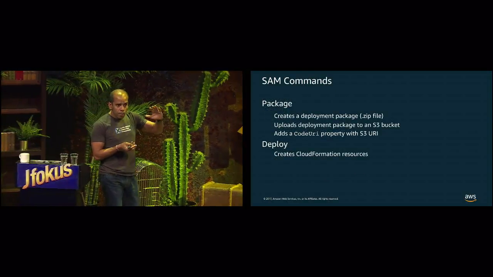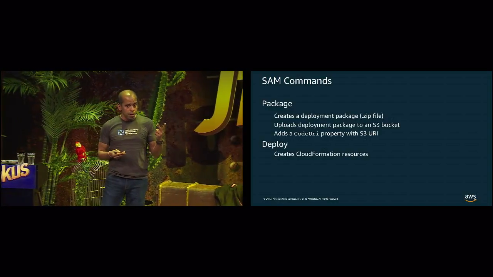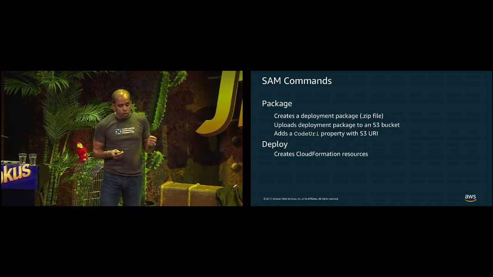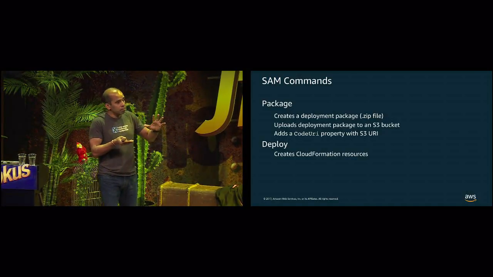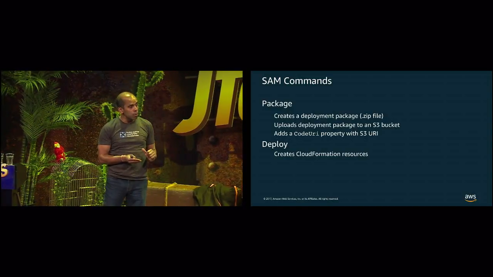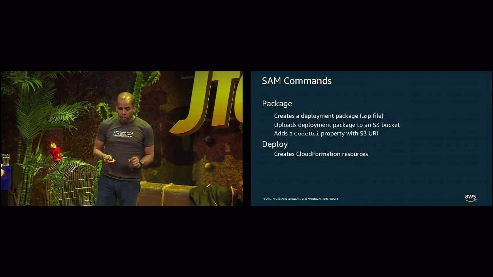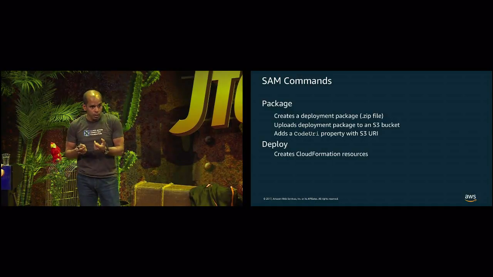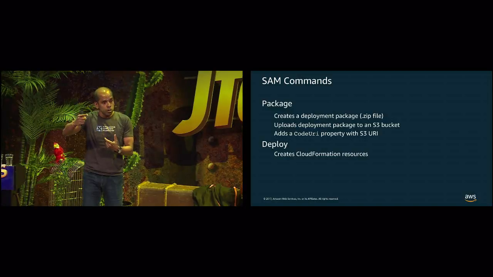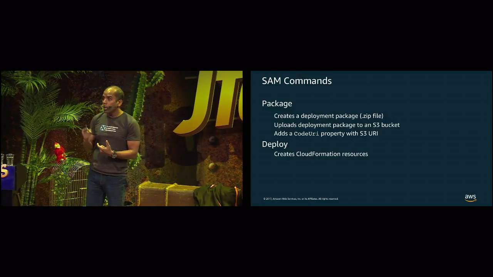So once I have my template, essentially I have two commands. There is a SAM package command, and then there's a SAM deploy command. So the SAM package command, you are pointing to using a code URI to a file on your local machine using, say, target directory. So it'll create a zip file out of it. It'll take the jar file, create a zip file out of it. It'll automatically upload the zip file to an S3 bucket of your choice.